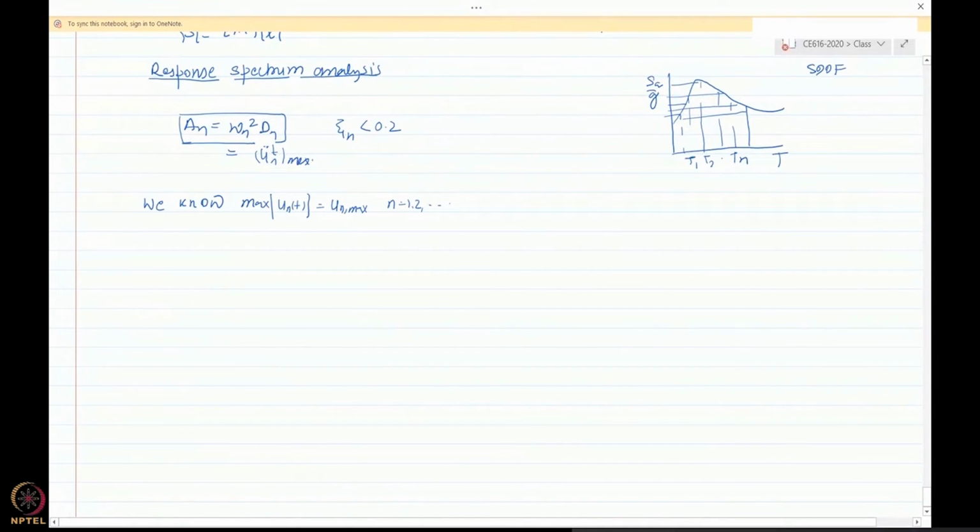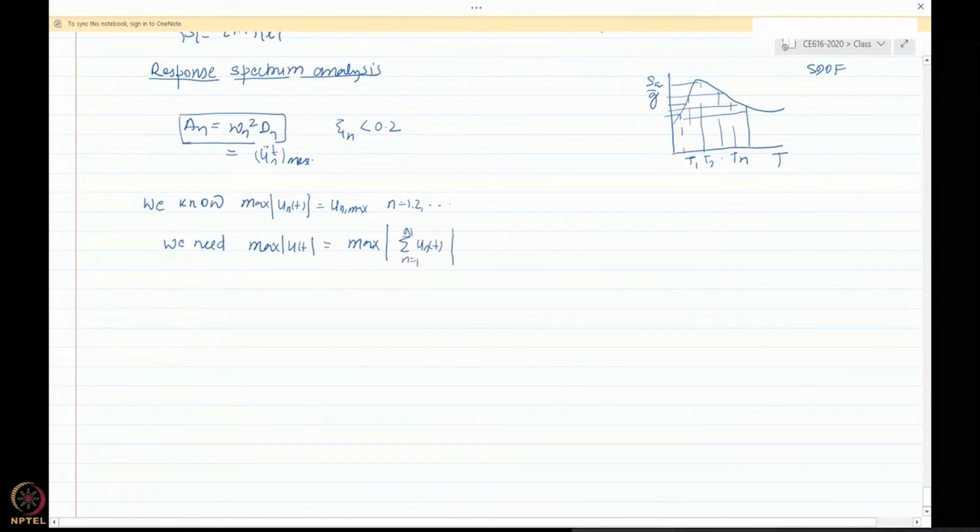Now what we actually need is the maximum of u(t), which is the total response. So basically I need the maximum of the summation of all such un(t).